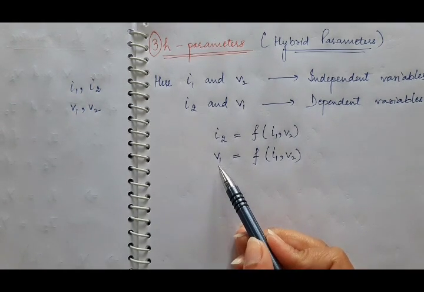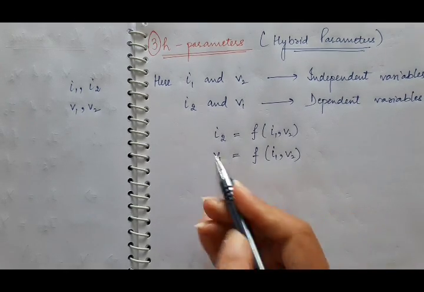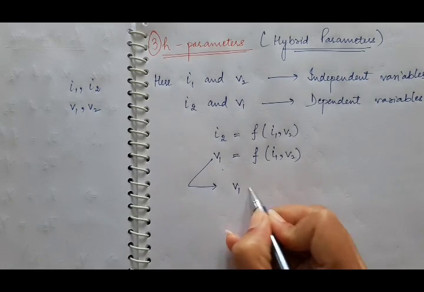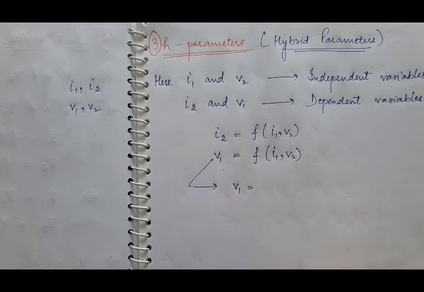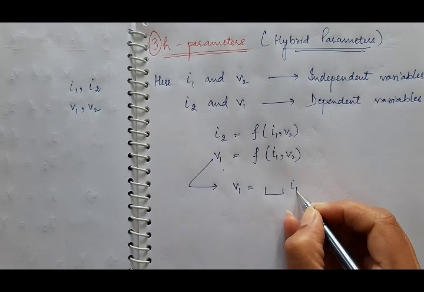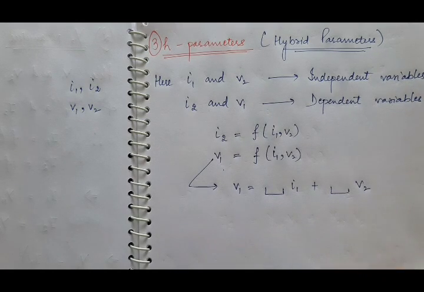Now as V1 is the voltage related to the input port, you will write the first equation for this. What will be the first equation? V1 will be a linear combination of these two quantities: some coefficient into I1, plus some coefficient into V2.